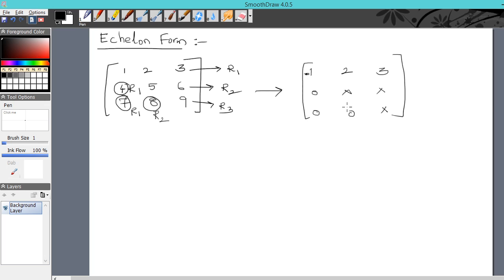Earlier I told how to find rank of a matrix. If here one more 0 is present, then its rank is 2, because here 2 rows are present. If this row also is 0 0 0, then its rank is 1. If here some number, here also some number, here also some number, then rank is 3. This is in a simple way how to solve a problem in echelon form.